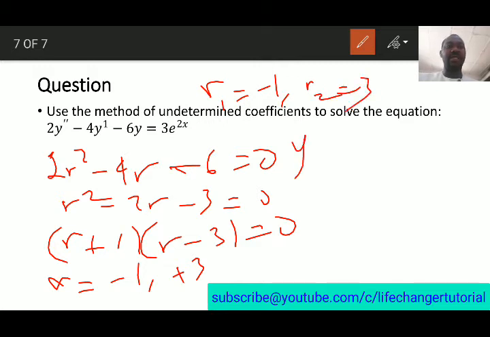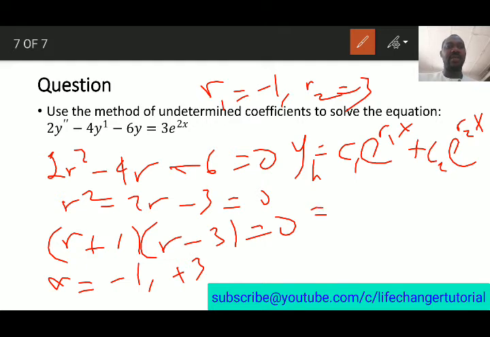It means that the general solution here is c1 exponential r1x plus c2 exponential r2x, which is equal to c1 exponential minus x plus c2 exponential 3x. Please do well to write that down somewhere: yh is c1 exponential minus x plus c2 exponential 3x.